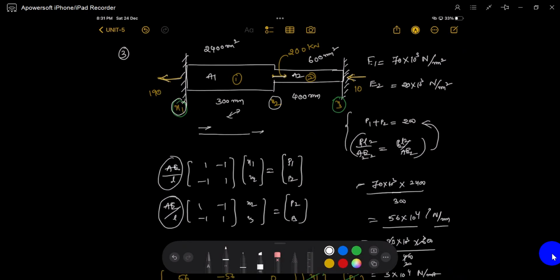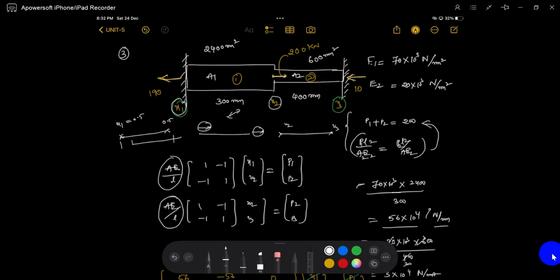If the displacement is u2 minus u1 for element 1, for element 2 what is the displacement? u3 minus u2. I already said u1, u2 and u3 are not displacements in the elements, they are the displacements of the nodes. If this node 1 is displaced 0.5 mm and node 2 is also displaced 0.5 mm, the whole member is moving.